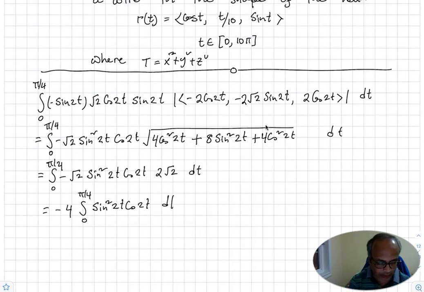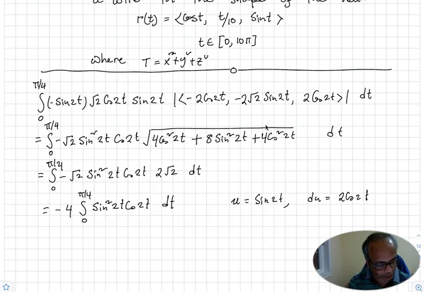And here we can just simply do a u substitution. Well, sin 2t cos 2t, anyone works. The easy one would be if I substitute sin 2t for u, then I get du is 2 cos 2t.